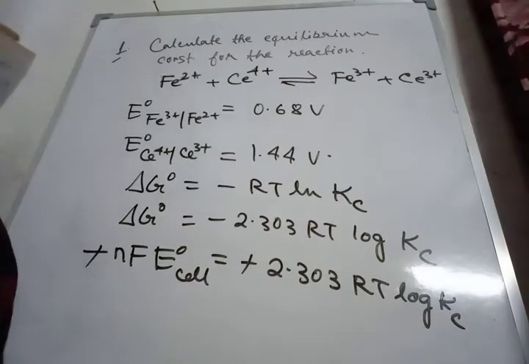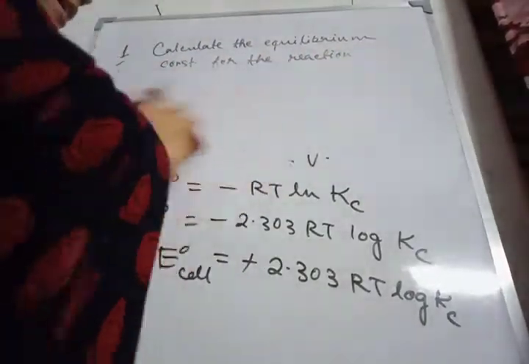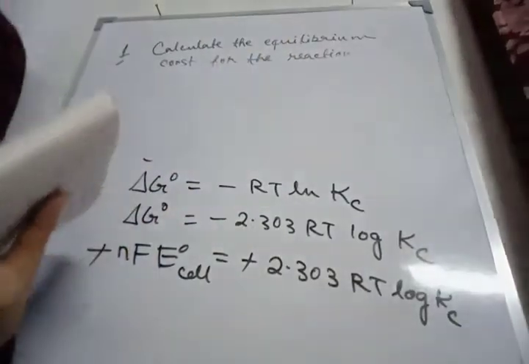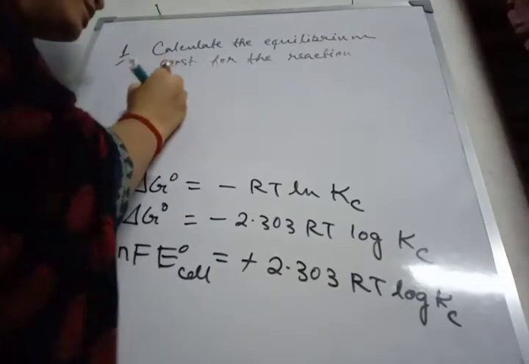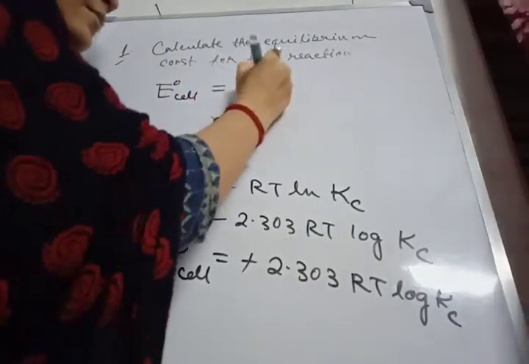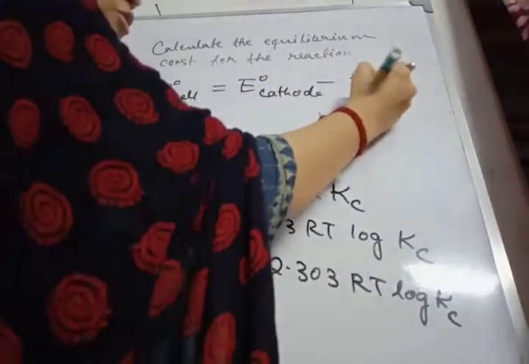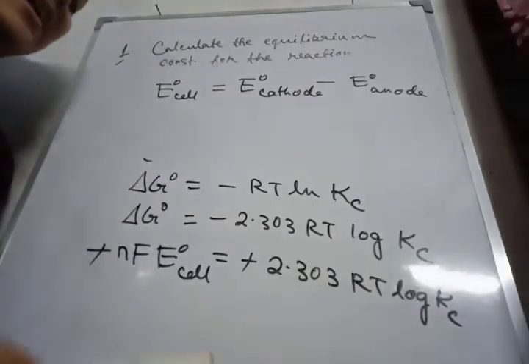So first of all we will be calculating the E0 value. E0 cell is E0 cathode minus E0 anode. So here which one acts as the cathode? The one which will undergo reduction will act as the cathode.